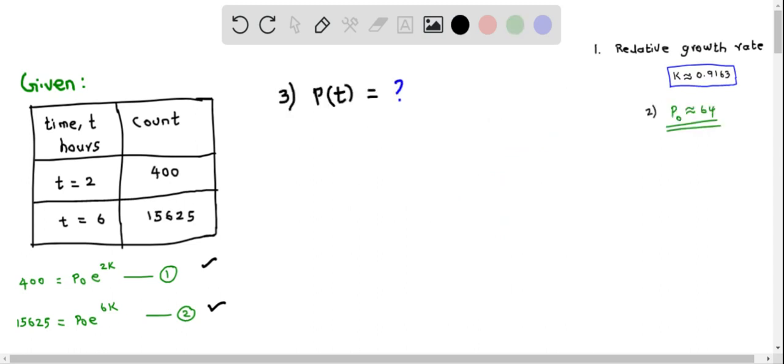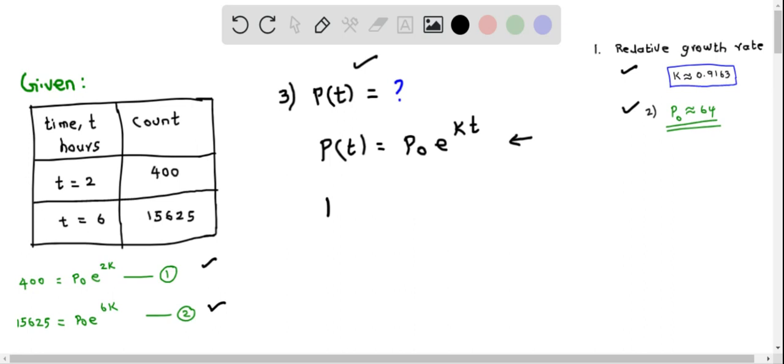Let's answer question 3. Here we have to write the expression for the number of bacteria after t hours, which is basically the function P of t. Since we know that our model is P of t equals P naught e raised to the power of kt, all we have to do is replace the value of k as well as the value of P naught, the initial size of the bacteria, into this model.